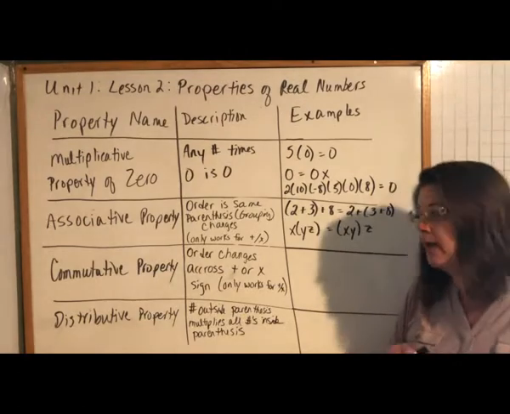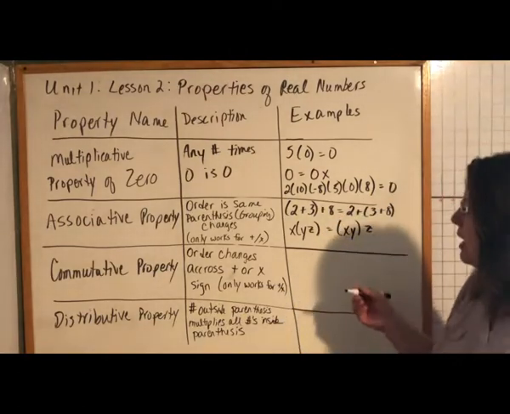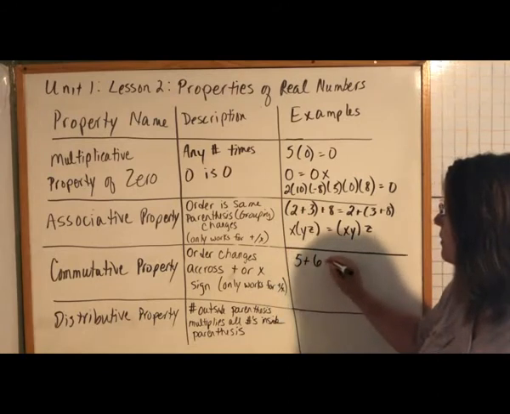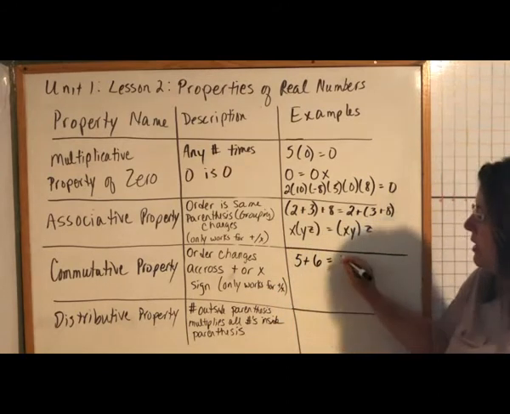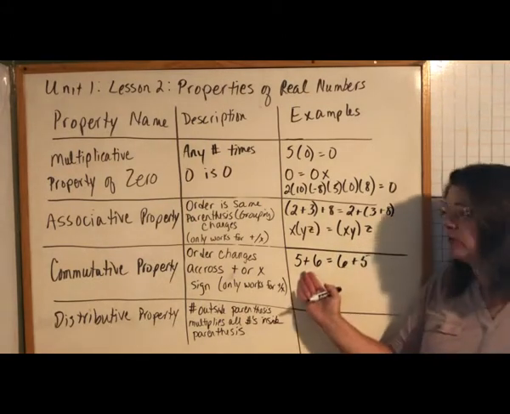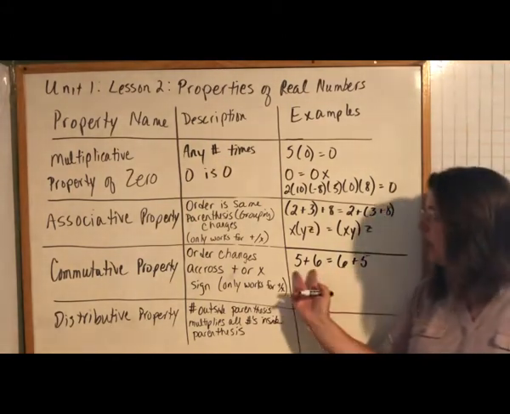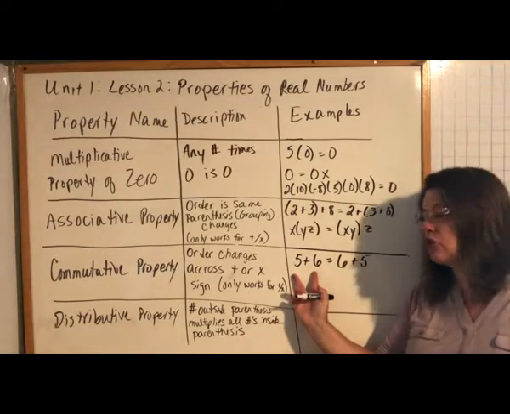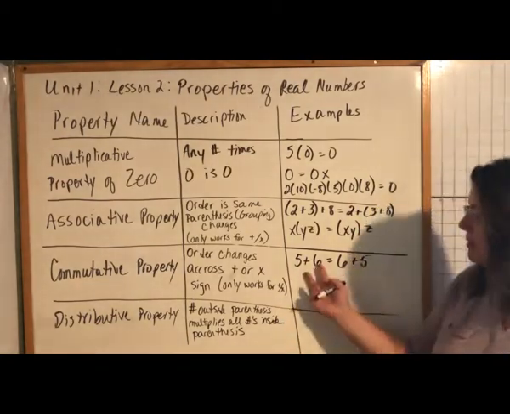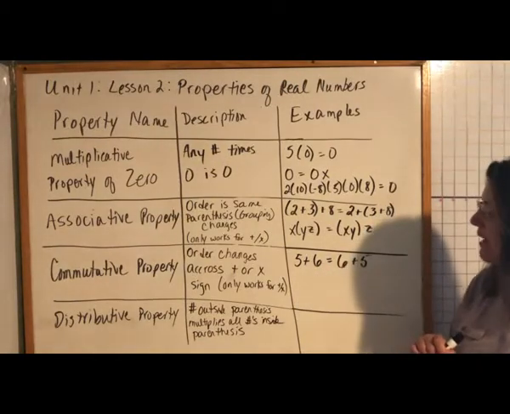So the commutative property, the big thing here is order does change, but it changes across addition or multiplication, okay? So, for example, if I have something like 5 plus 6, that would be equal to 6 plus 5. Notice we have the same numbers, but the order of the numbers has switched across that addition symbol. Okay, so 5 plus 6 is equal to 6 plus 5.